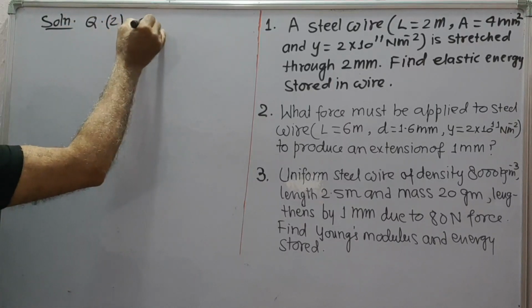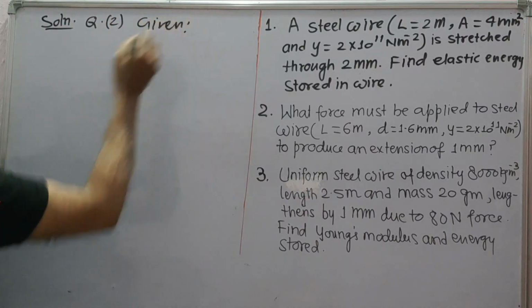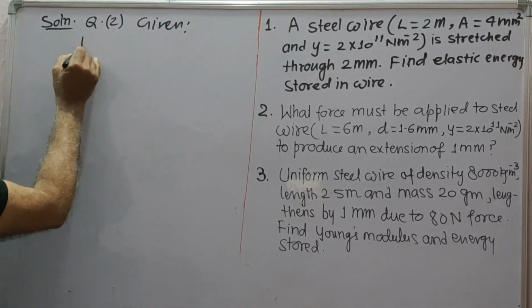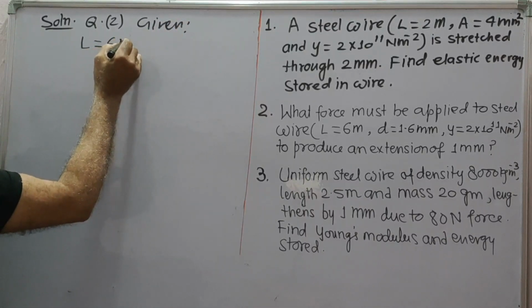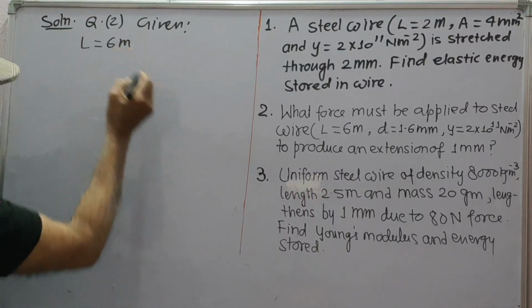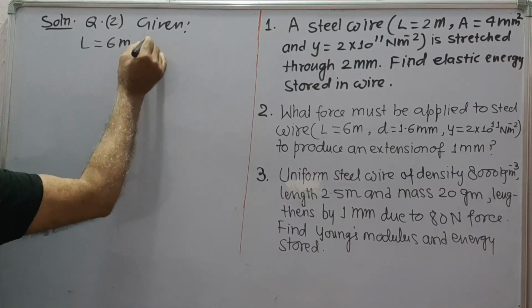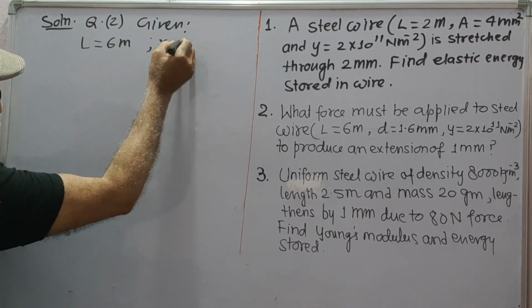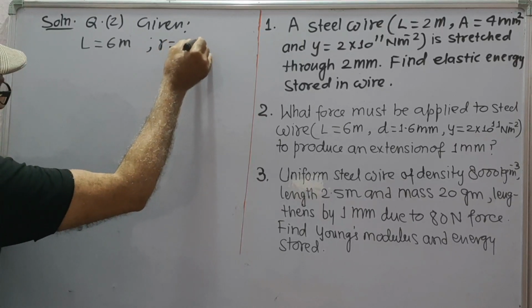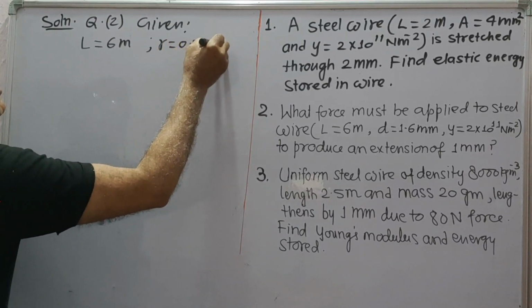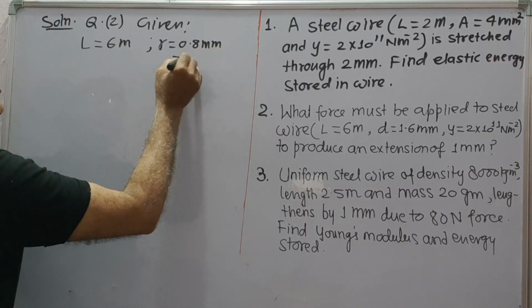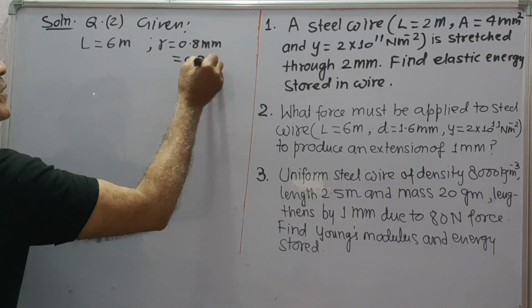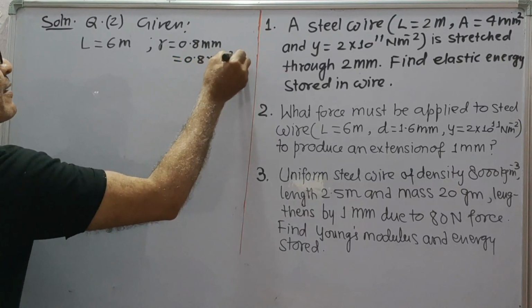Here given, length is 6 meter, diameter 1.6 millimeter, therefore radius will be equal to 0.8 mm, which is 0.8 into 10 to minus 3 meter.